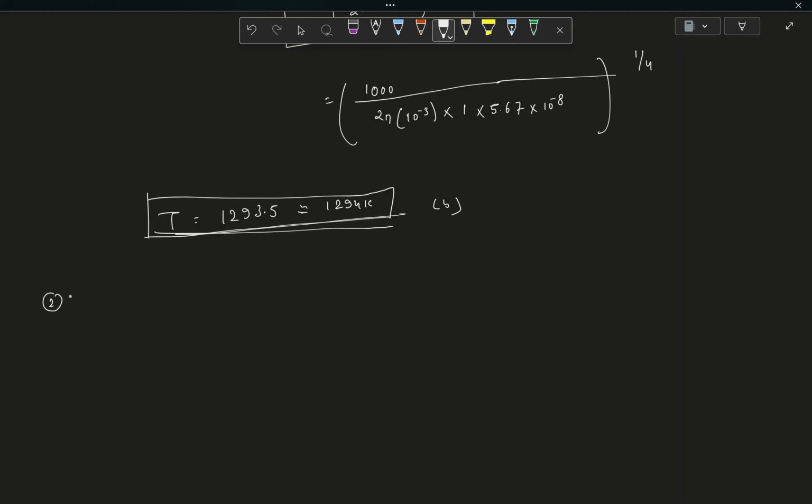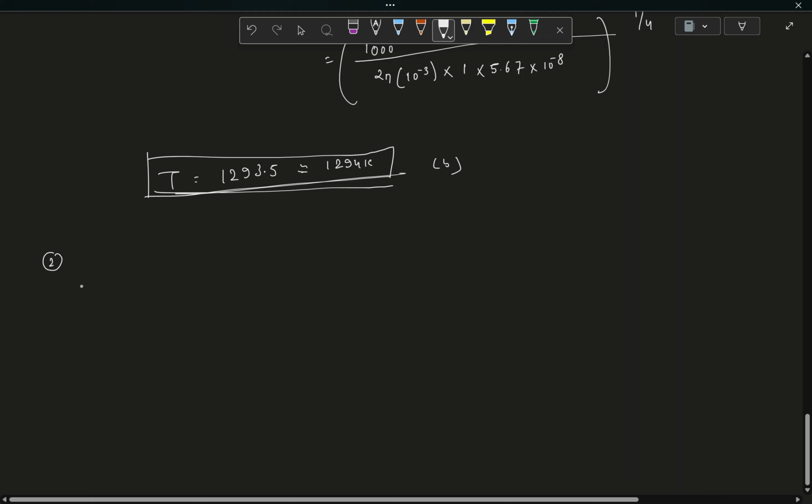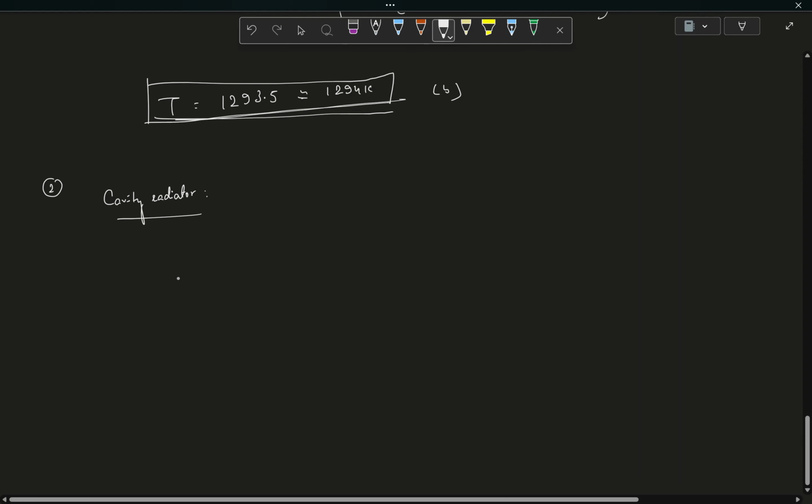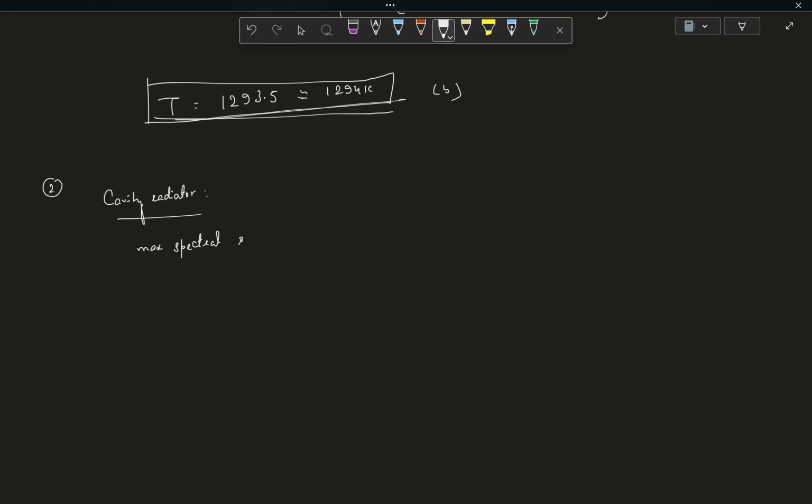Problem number 2 has this cavity radiator which is emitting radiation, and the maximum spectral radiance for that cavity radiator is at a wavelength lambda equal to lambda subscript m.